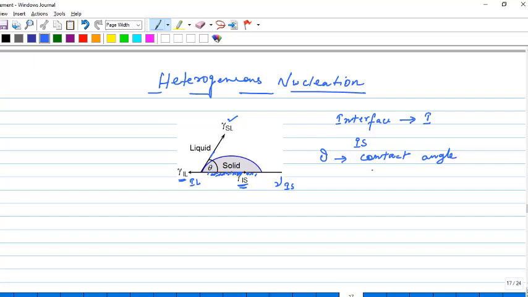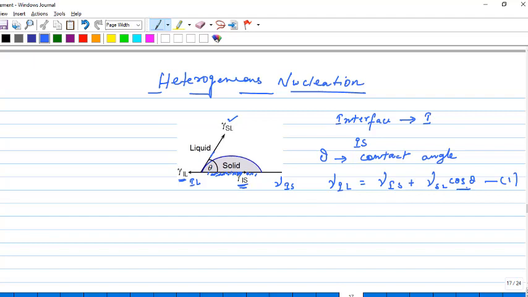So theta can be found out if you take the balance of forces here. From this equation you can derive the expression for theta.